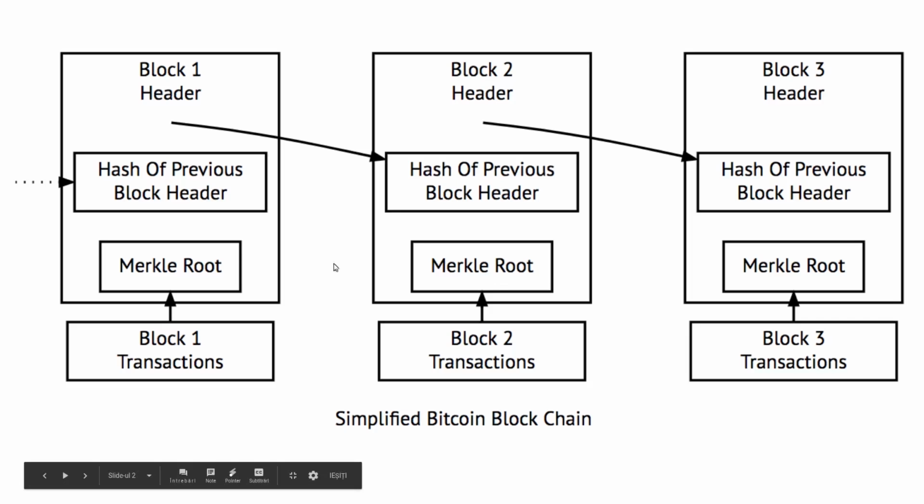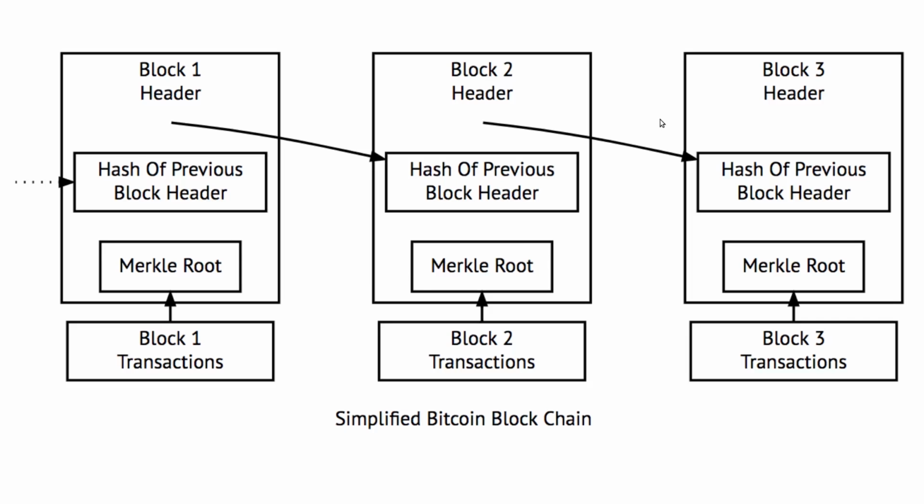Here we have 3 blocks as an example, but the main idea is that a block has a hash of the previous block. By using this hash of only 32 bytes, you can validate the entire chain of your blockchain. For example, for block number 3, its previous hash is the hash of block number 2.